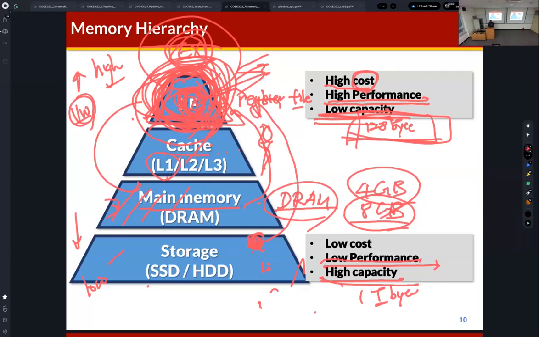Also, the performance of memory is determined by memory devices or memory technologies. For example, we can use SRAM or DRAM, or we can use flash memory, but the performance of these memory technologies is different.